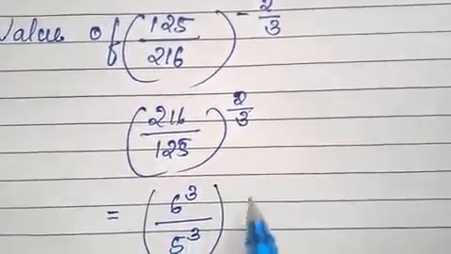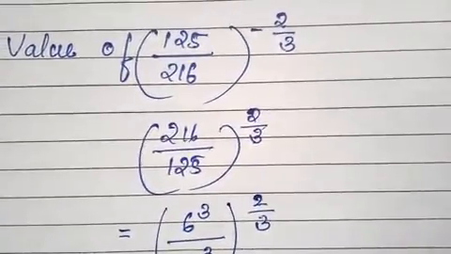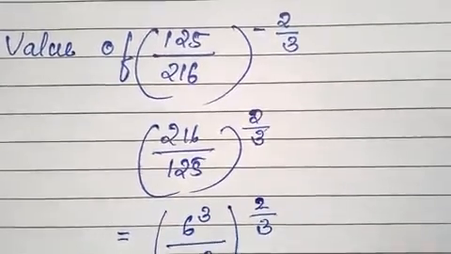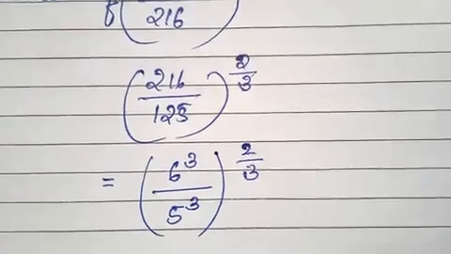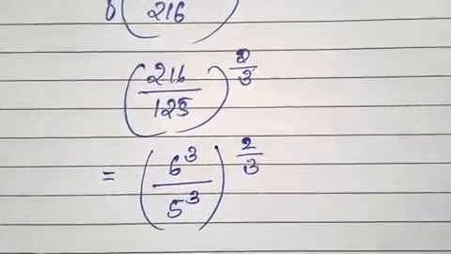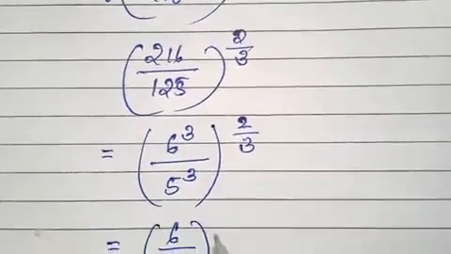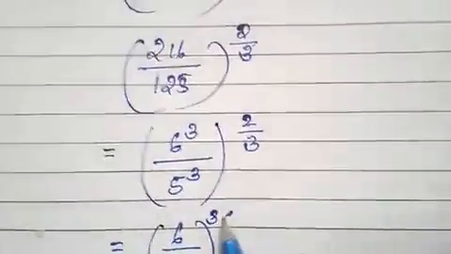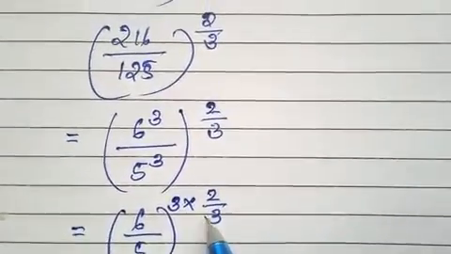Raised to the power 2/3. Understood? Then here 6 raised to 3 and 5 raised to 3. So it means a^m divided by b^m equals (a/b) the whole raised to m. So we will write like this: (6/5) raised to the power 3 into 2/3.